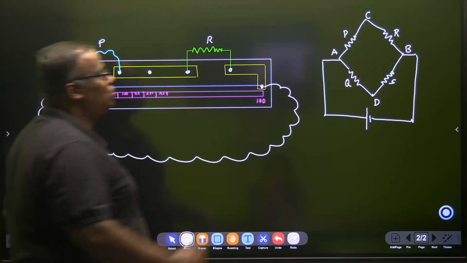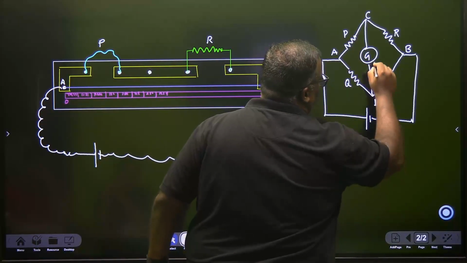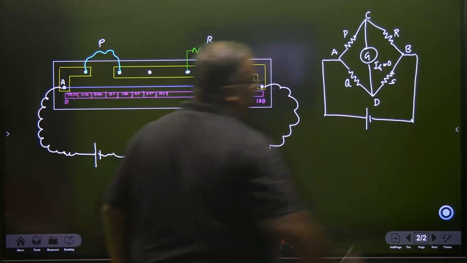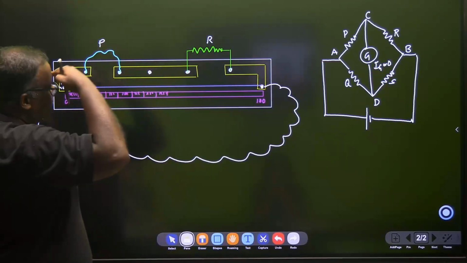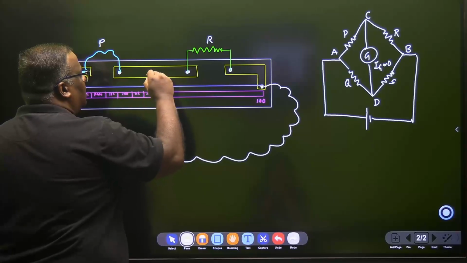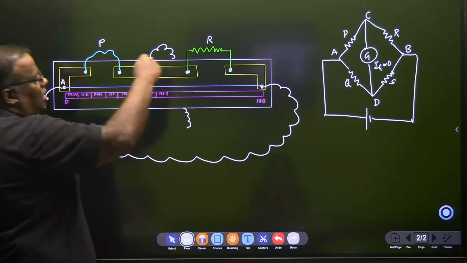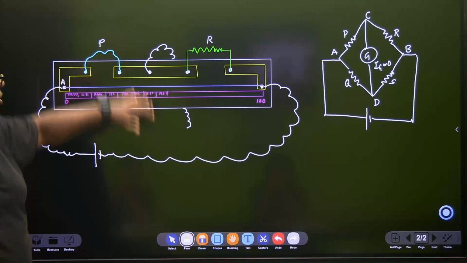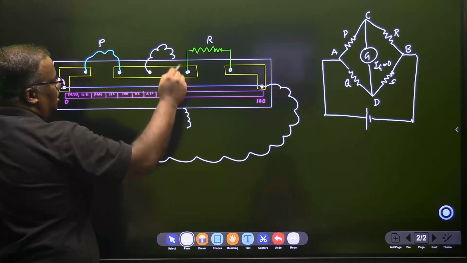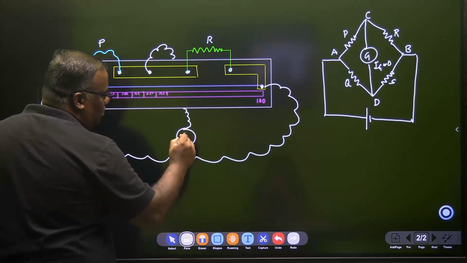And sir, you also used to have one galvanometer out here, G, and used to ensure that Ig is equal to 0. Right? So from here, we will be connecting another wire, and this wire is coming out from here. Then we will connect one galvanometer out here.